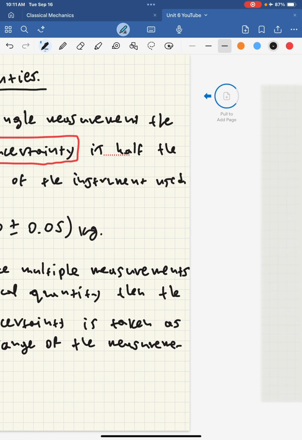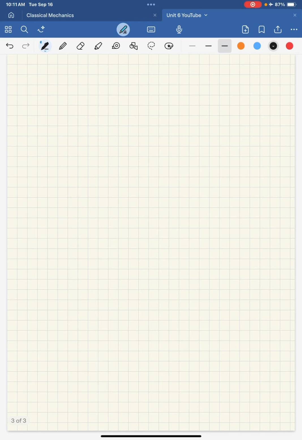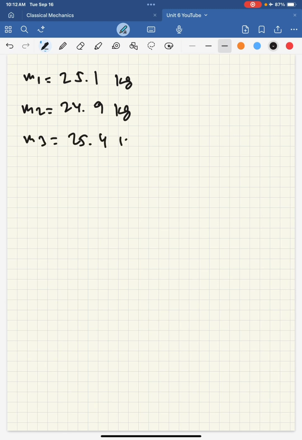So let's write this down as an example. If we take measurements of a mass, and the first measurement is 25.1 kilograms, then the second measurement is 24.9 kilograms, and the third measurement is 25.4 kilograms, okay?